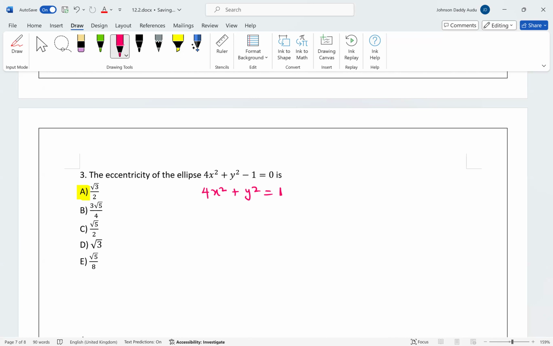We can write this as x squared over 1 over 4 plus y squared over 1 equals 1, which we can write as x squared over (1 over 2) squared plus y squared over 1 equals 1. So what is a? A is actually going to be the bigger one. So a is 1 and b is half.